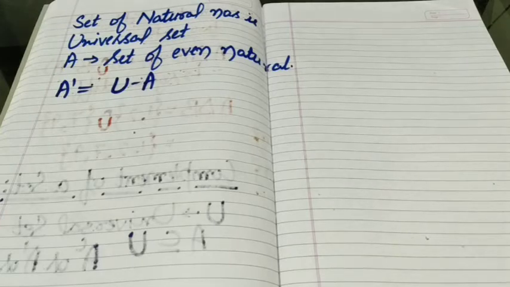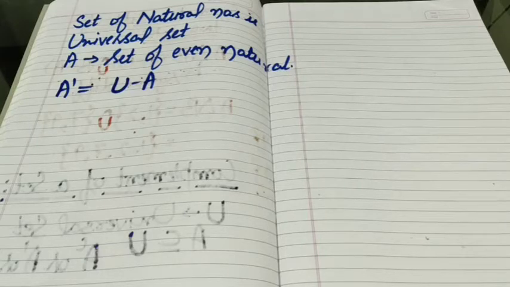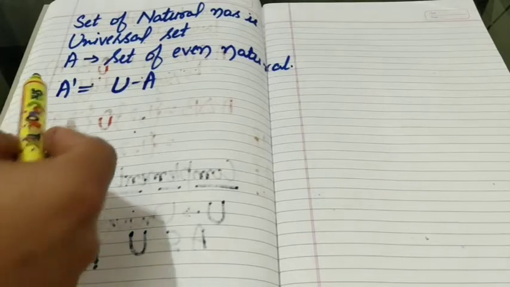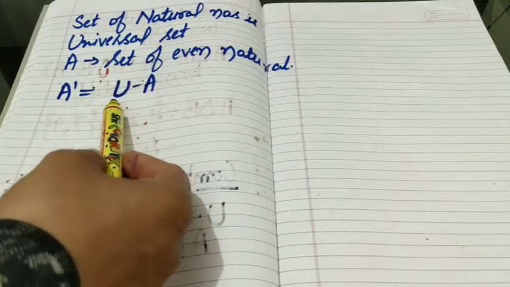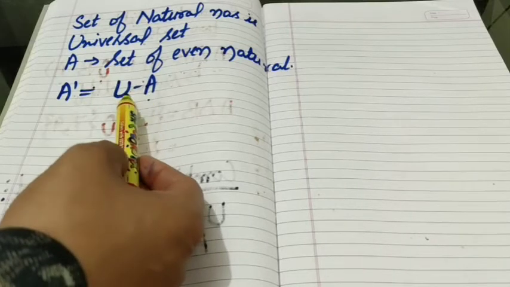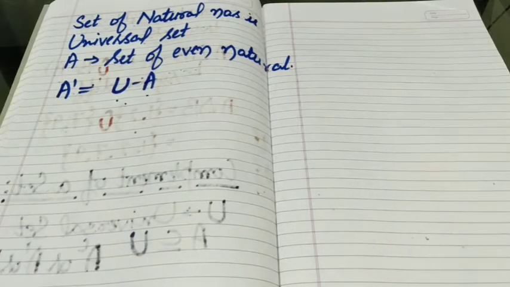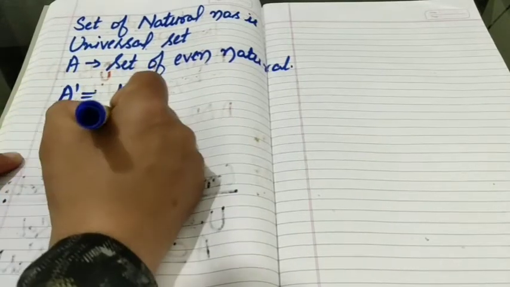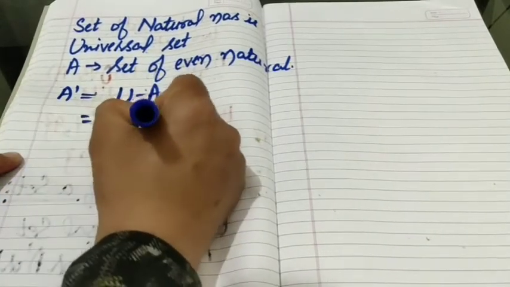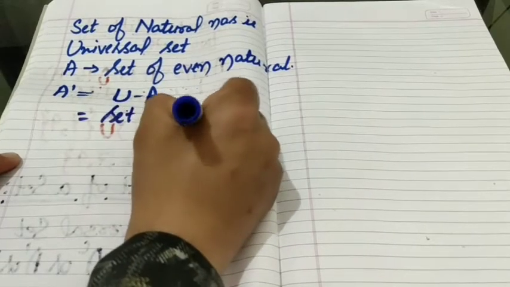Since universal set is set of natural numbers has even natural numbers as well as odd natural numbers. And A complement is the set which contains only those elements of universal set which are not in A, and obviously they are the set of odd natural numbers. So that's why A complement is going to be set of odd natural numbers.